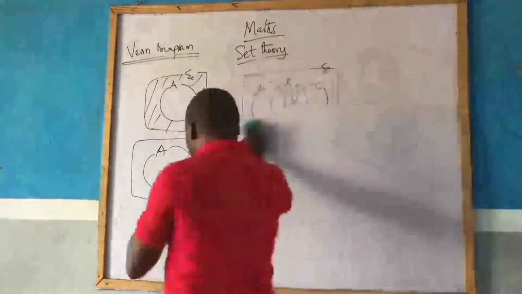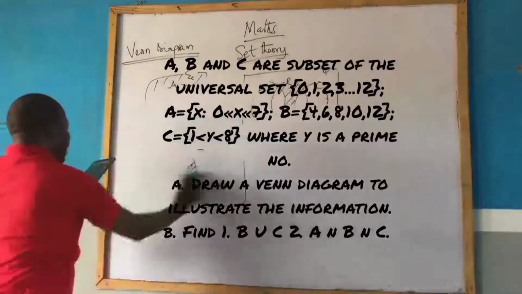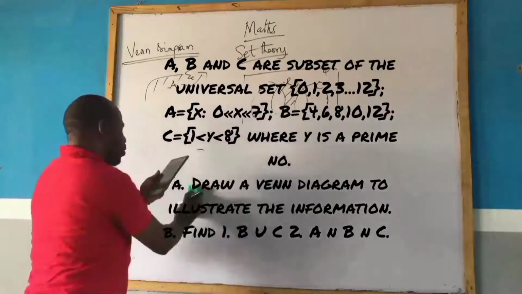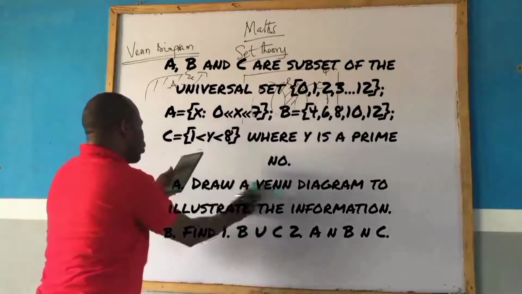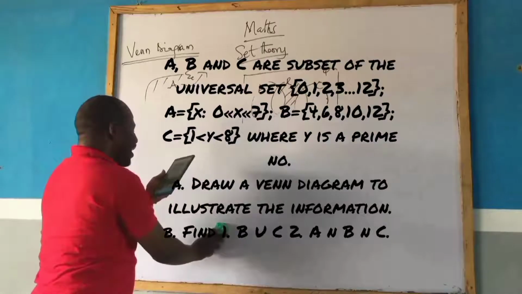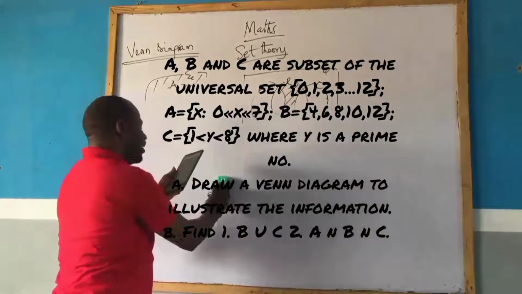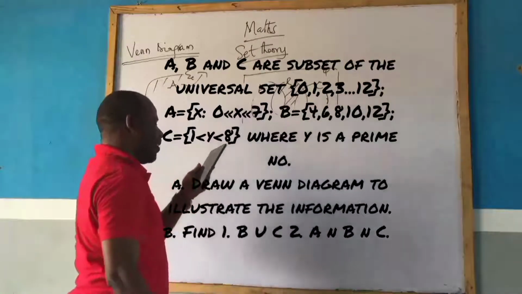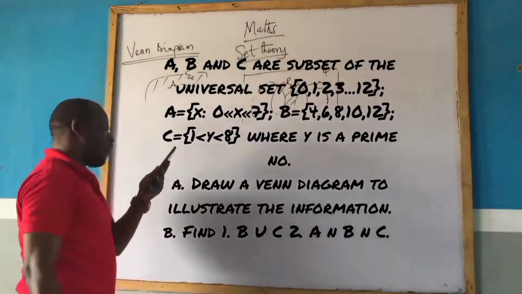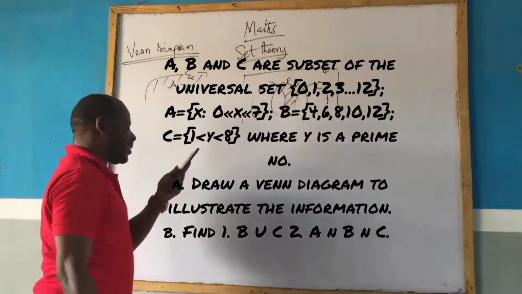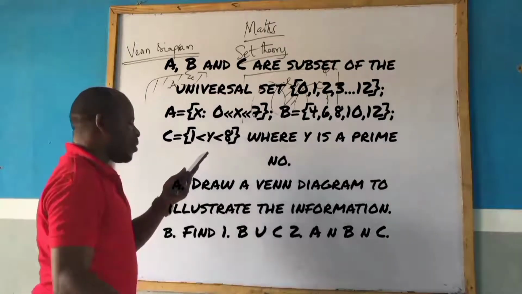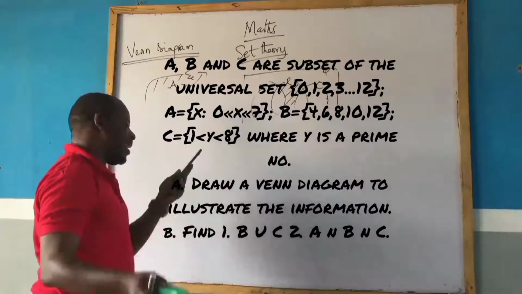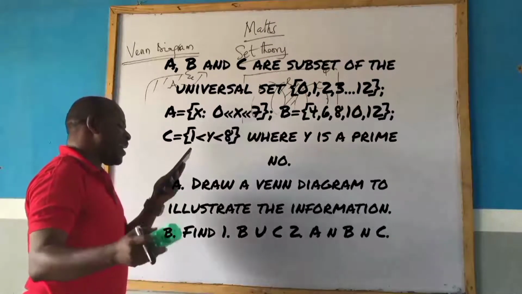I'll take the number 1 question. The number 1 question reads, if A, B, and C are subsets of the universal set U, such that U is 1 to 12, A is such that 0 is less than or equal to X, and X is less than or equal to 7, B equals 4, 6, 8, 10, 12, then C equals 1, where 1 is less than Y and Y is less than 8, and they now told us Y is a prime number.